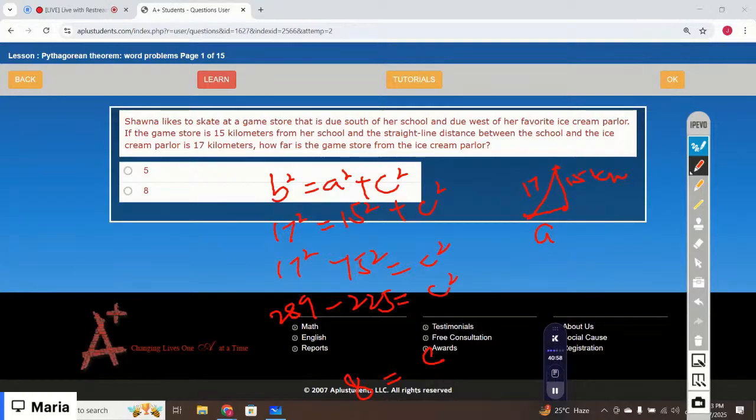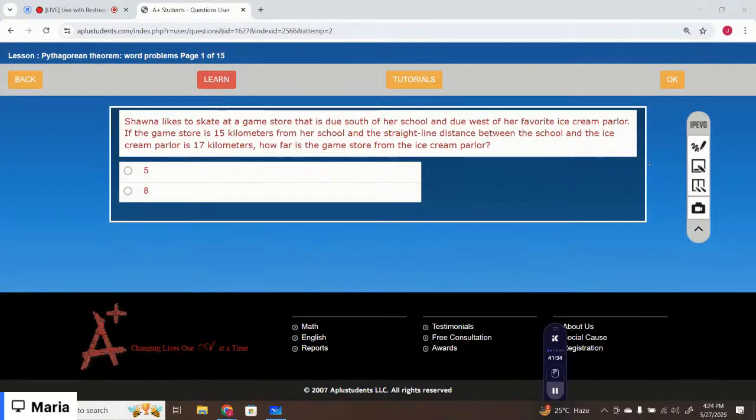The correct option, option number 2, is the correct option.